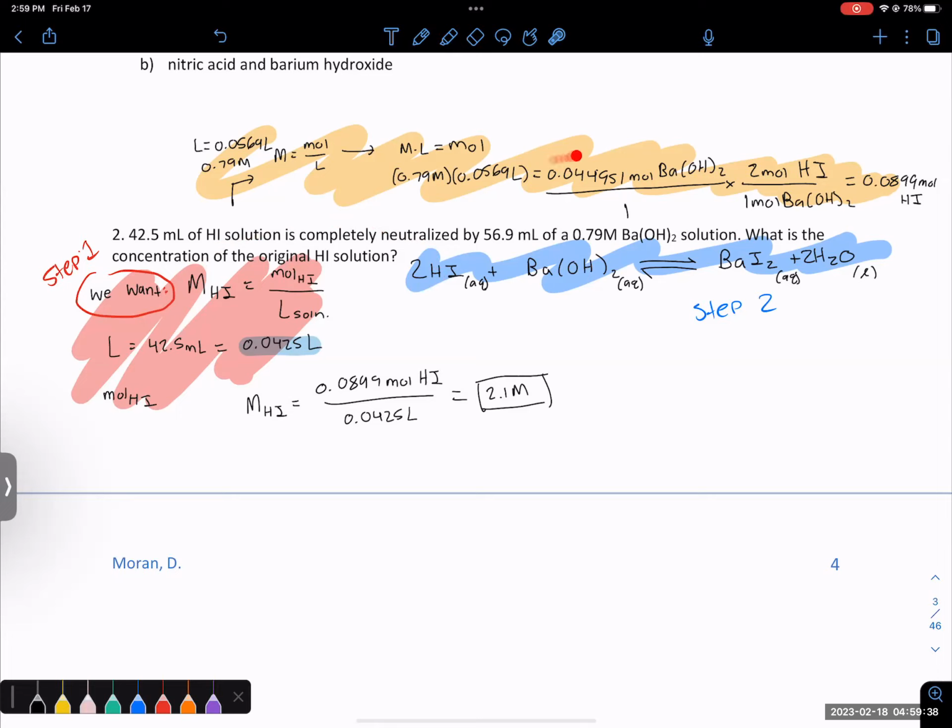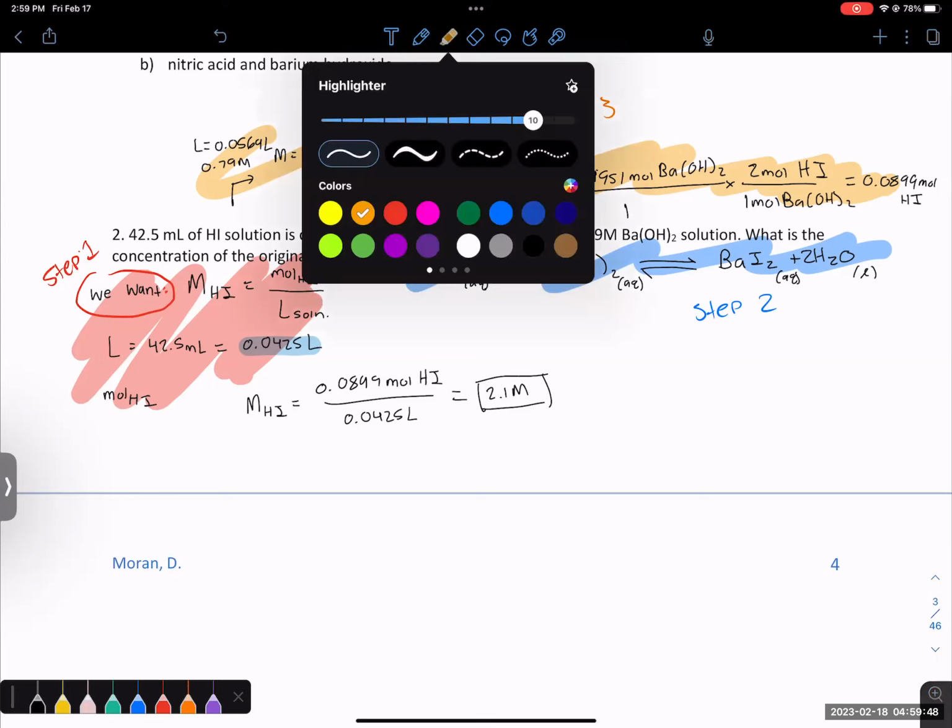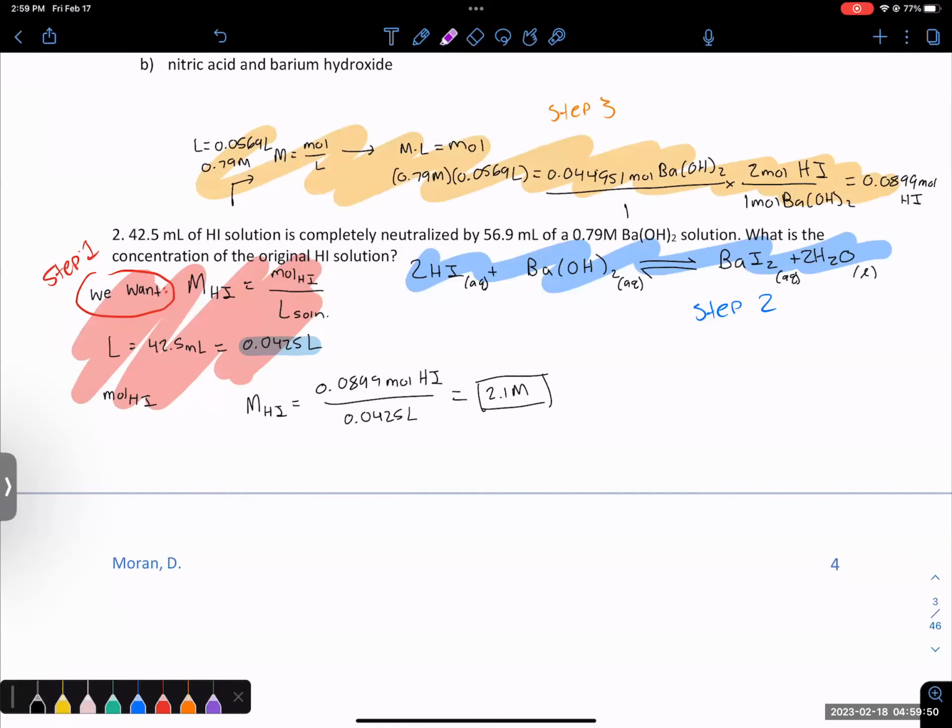And step 3 is all about finding those moles of HI, which is our goal here. And then step 4 was this one, plug and chug. So try to go in those same steps for the next problem, okay?